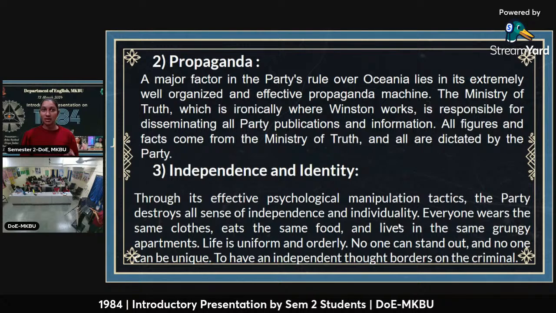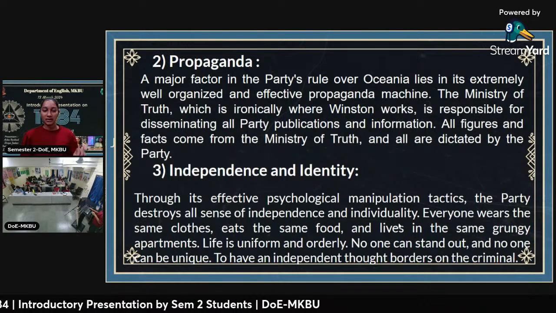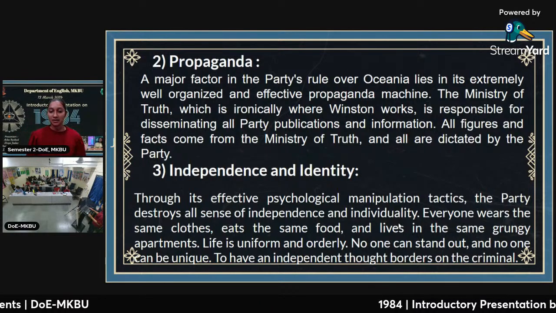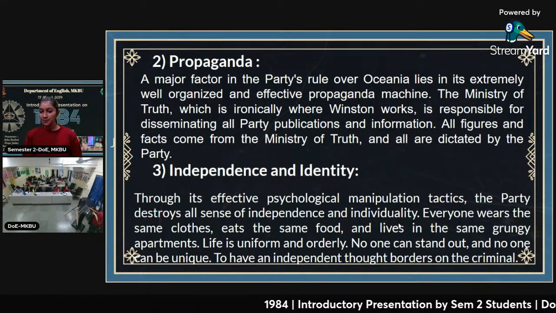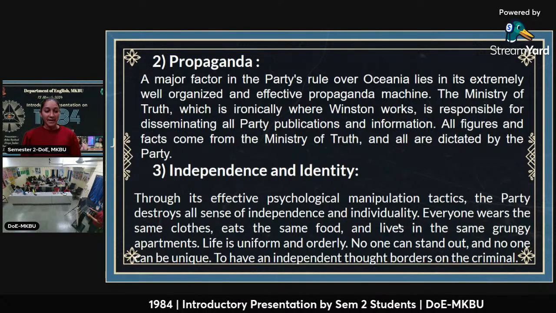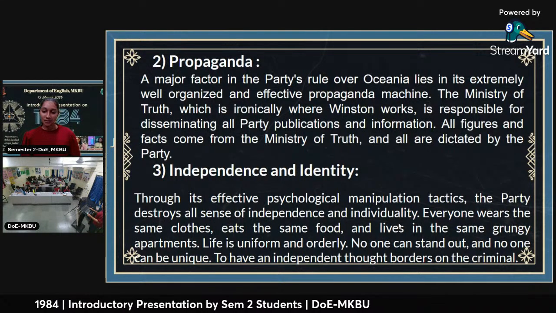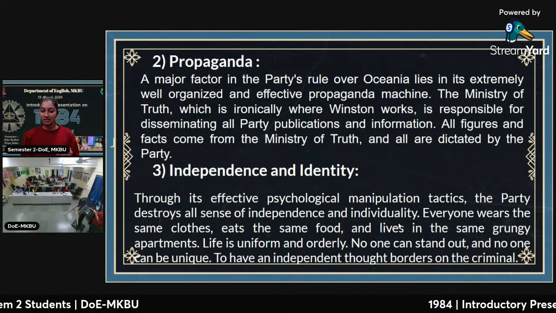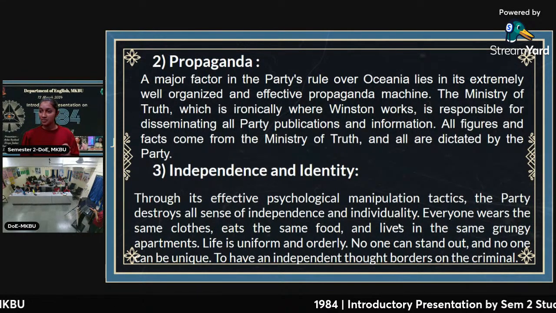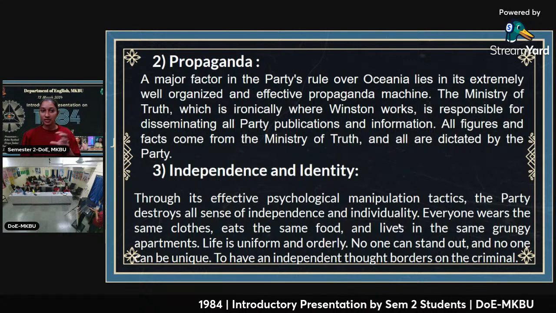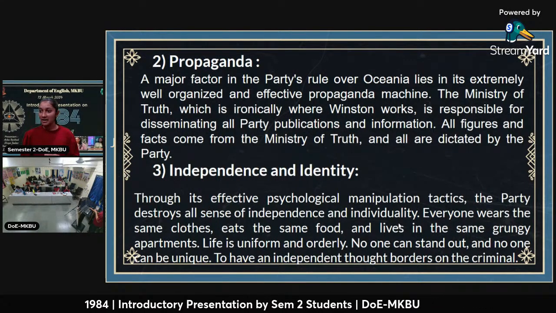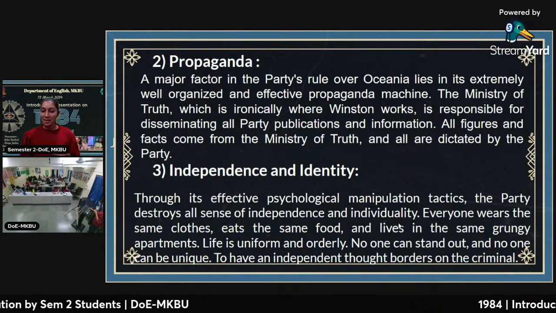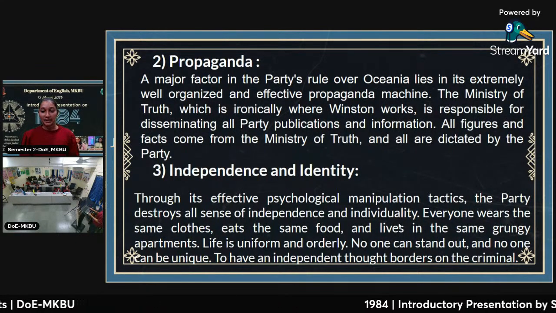The Ministry of Truth, second is the Ministry of Peace, and people work under these ministries. Ironically, Winston works in the Ministry of Truth, which is responsible for disseminating all the party's publications and information. That's why at the end we find how he was tortured because of the information and truth he collected and published in his diary and journal. All the figures and facts come from the Ministry of Truth by Winston, and all are dictated by the party.